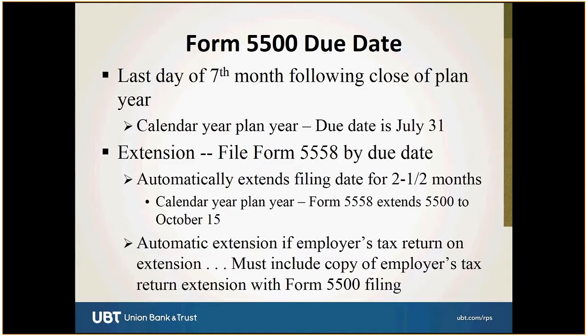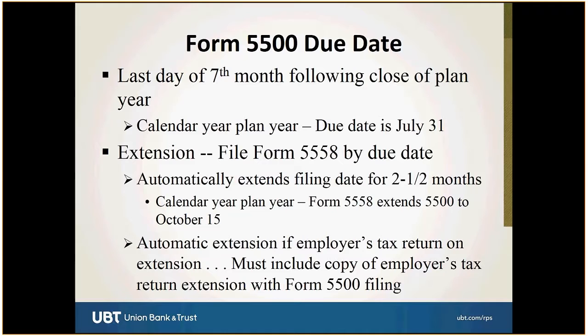Because this year October 15th fell on the weekend, the extended deadline for the Form 5500 fell on last Monday, and I'm pleased to say all of our clients filed timely, and we only had a few clients that waited till the last moment to file this. So that's one way you can get an extension on the 5500, by filing the 5558.